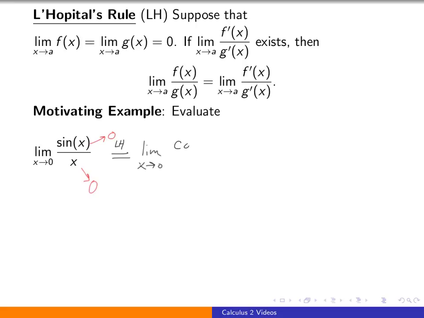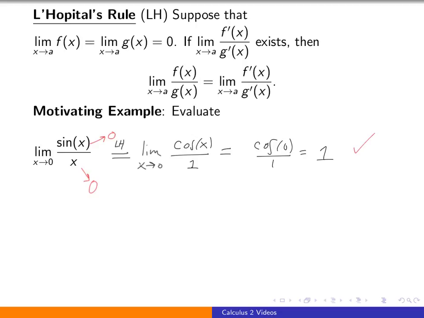So the derivative of sine is cosine, the derivative of x is 1. Now that we have applied L'Hopital's rule, we can simply plug in 0, because cosine is continuous. So cosine 0 over 1, and the value of the limit, as it should be, is 1.